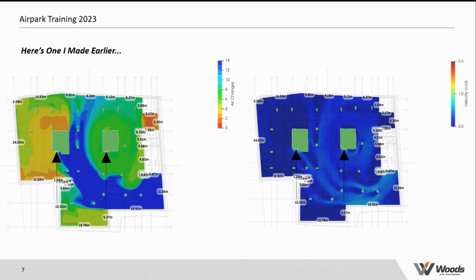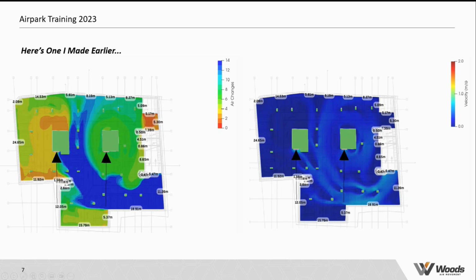A result which would look good for a Romanian project may appear to be terrible based on your general view of things, particularly compared to a UK project, because the lower extract rates make the contours appear more yellowy orange. However, because the total extract rate and the air changes per hour are limited by that lower extract rate dictated by the regulations, a good project will look worse than what you'd expect.